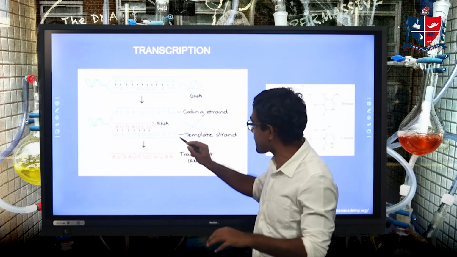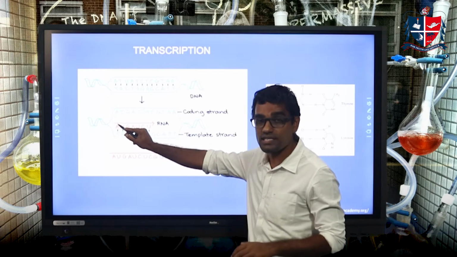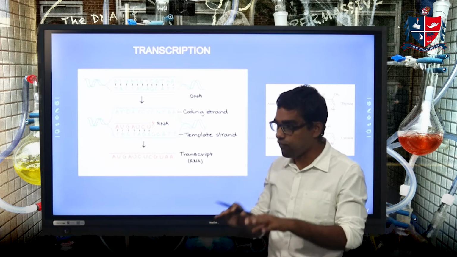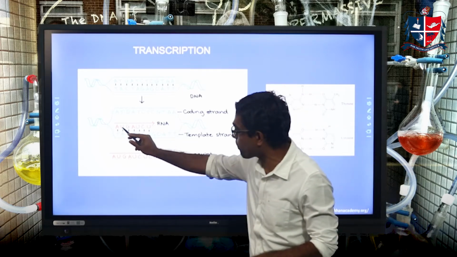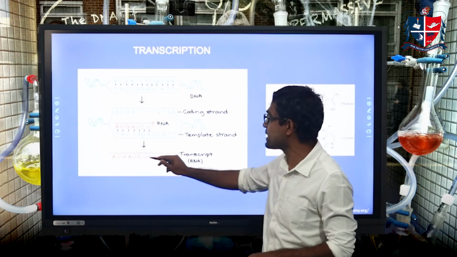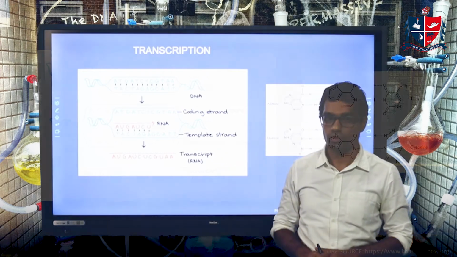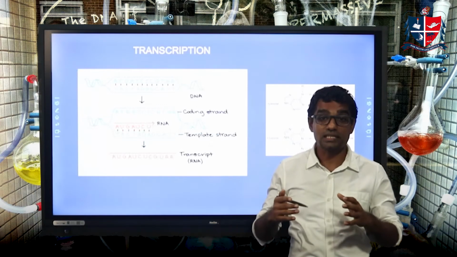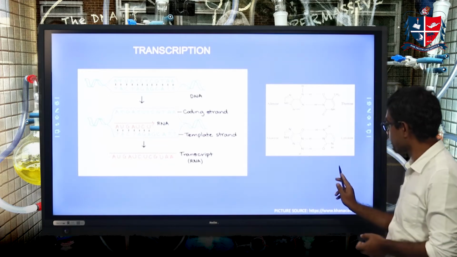So according to the template strand, the monomers A, U, G, etc. are aligned. Finally, a chemical bond is formed between them to form the RNA. So this RNA is formed according to the information contained in the template strand. This is transcription.